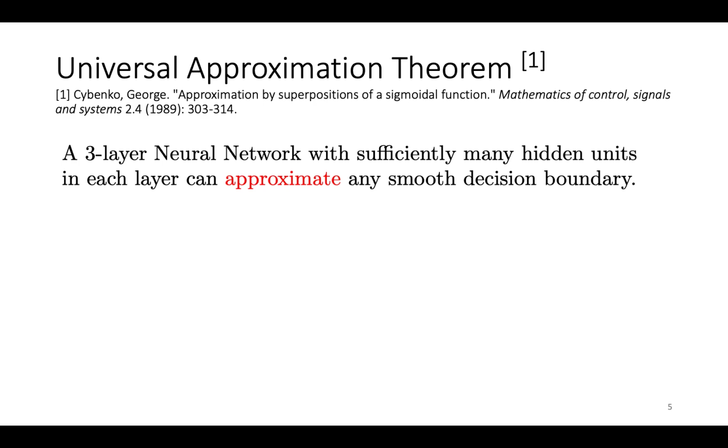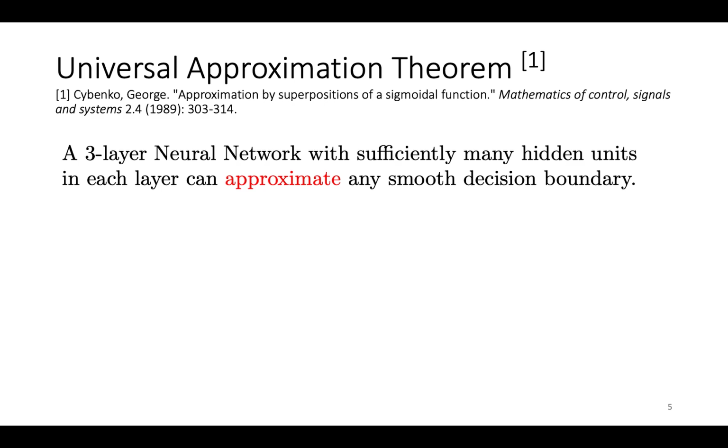Basically, this universal approximation theorem states that with a 3-layer neural net with sufficiently many hidden units, if you put sufficient hidden units inside a 3-layer neural net, you can virtually approximate any smooth decision boundary.